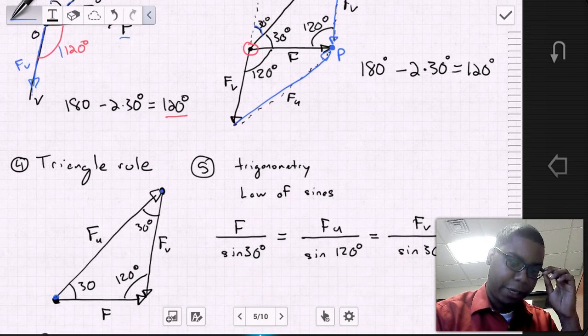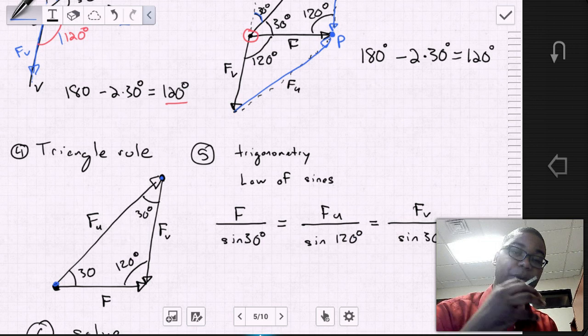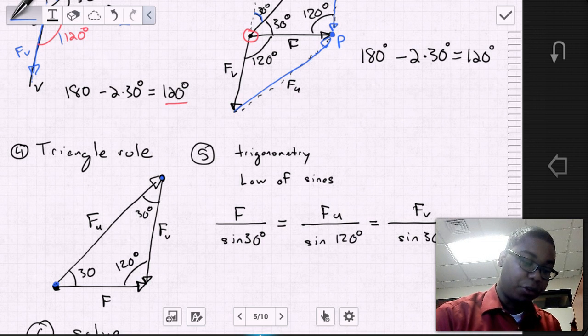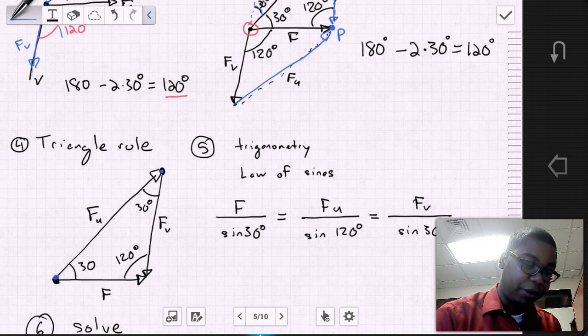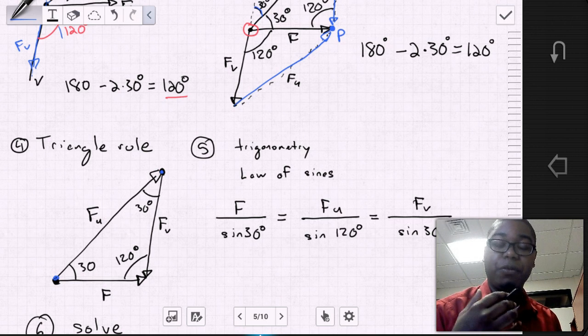Okay? So with the triangle rule, again, what we do is we do a heads to tail approach, right? So we create the triangle, we craft it using the information we're given. In this case, we can use the unknowns.